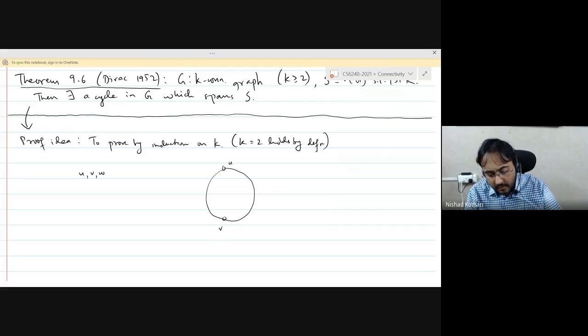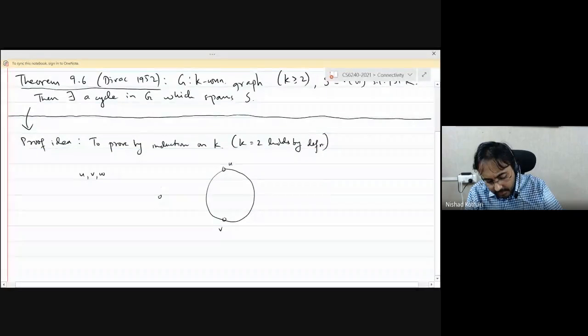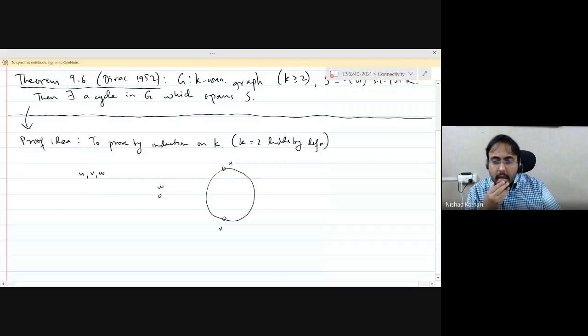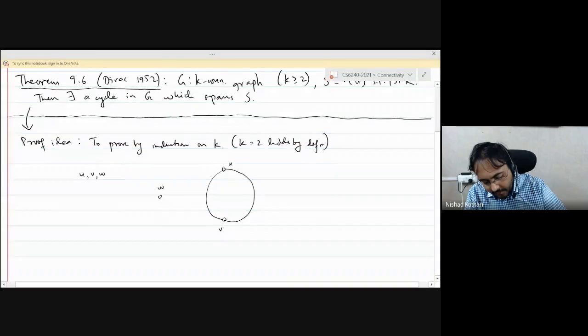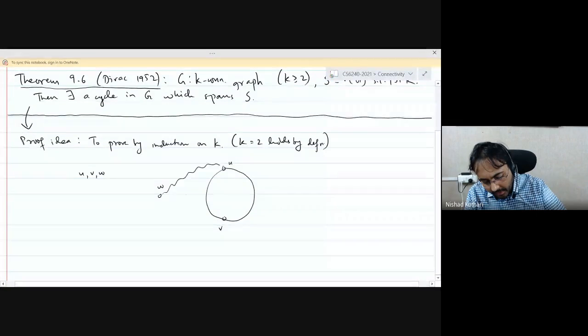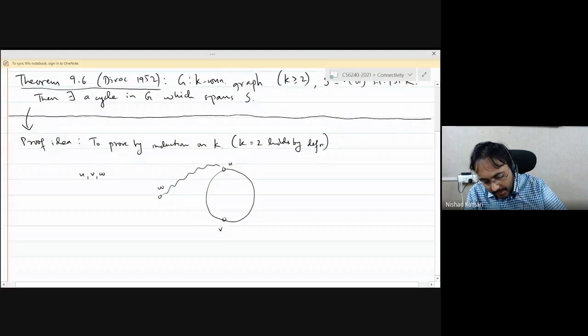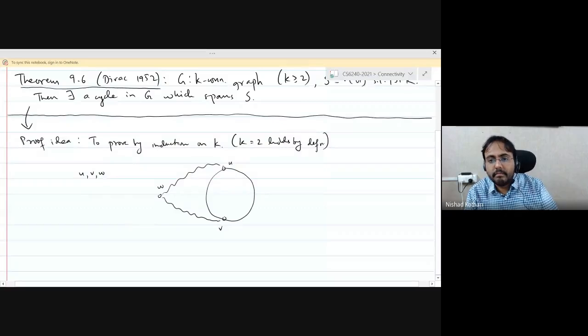If w is not on this cycle, then you need to find a better cycle. So here's the idea. Supposing I was able to find two paths from w, and let's say those two paths go like this, then clearly I can modify the cycle to include w, right?